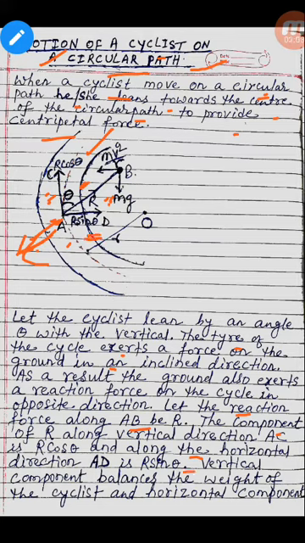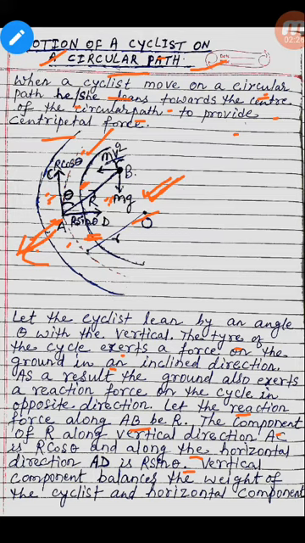This vertical component R cos theta balances the weight of the cyclist, which is mg.